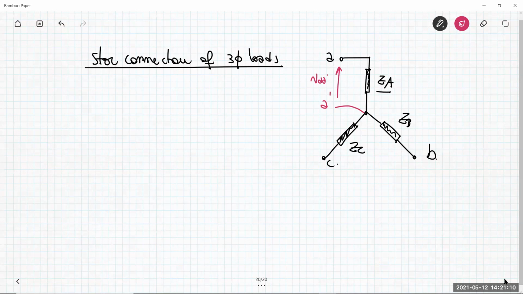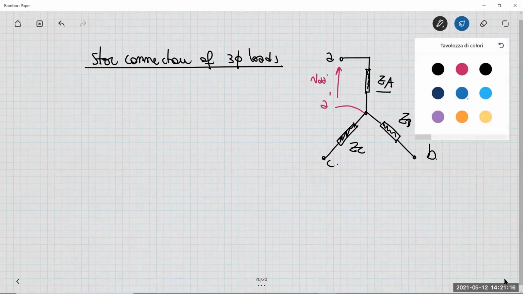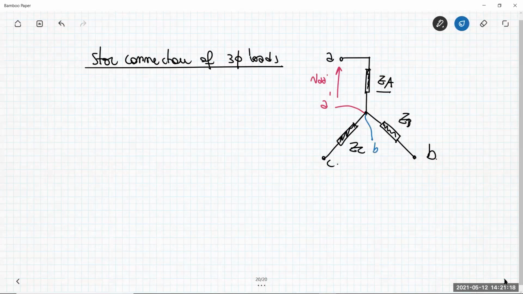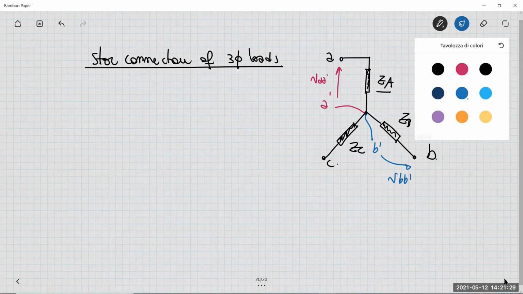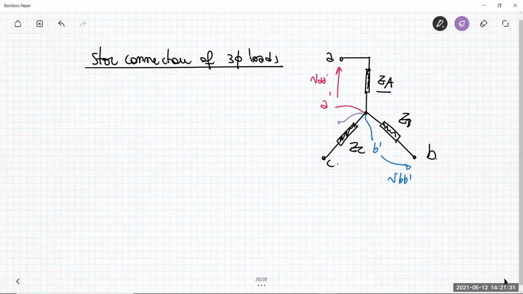Then I have Z_B, but Z_B is connected to B and B prime. So I need a node here, which is B prime. Then I have Z_C, and Z_C is connected between C and C prime. So C prime is, for example, here.